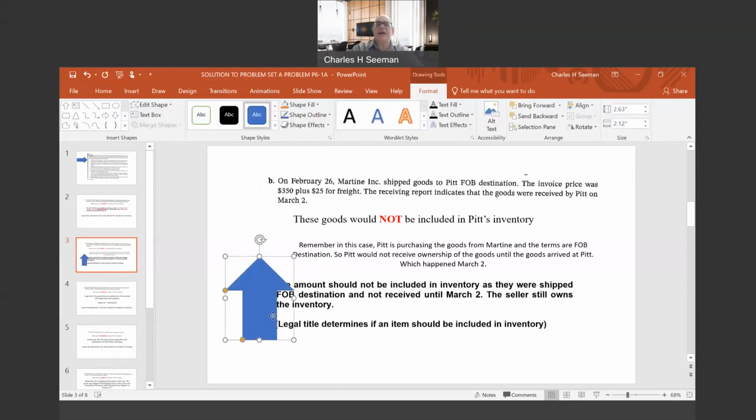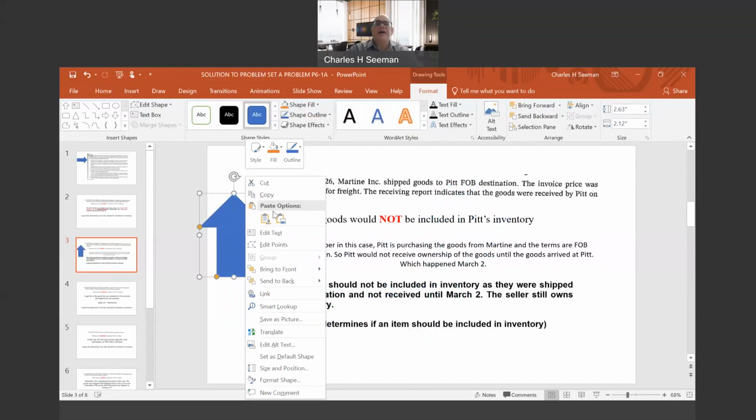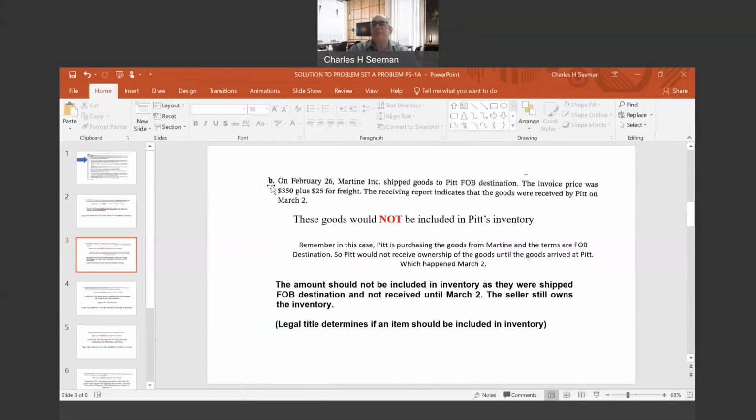So they will not be taking possession of the goods until the goods reach Pitt. So ownership of the goods does not transfer to Pitt until the goods are on Pitt's shipping dock. So these goods would also not be included in Pitt's inventory.